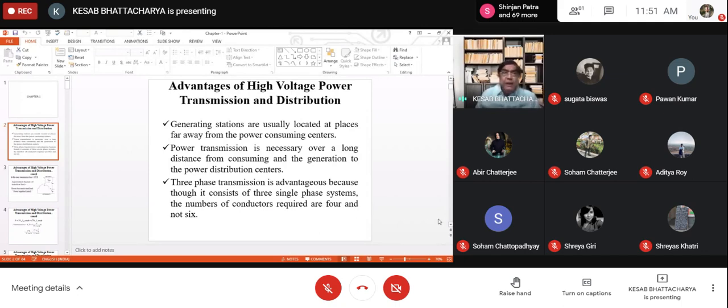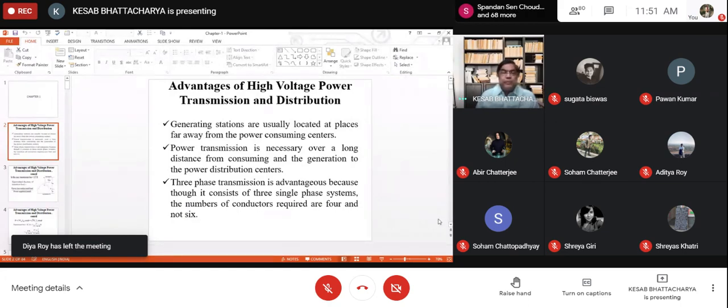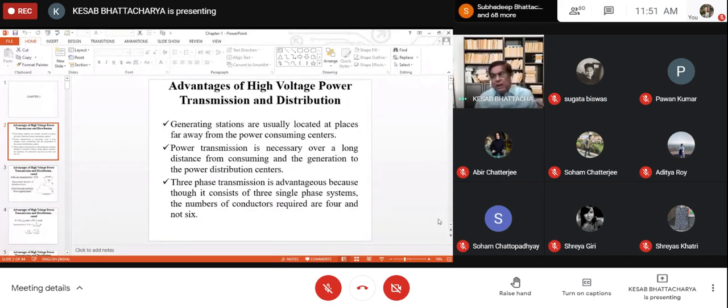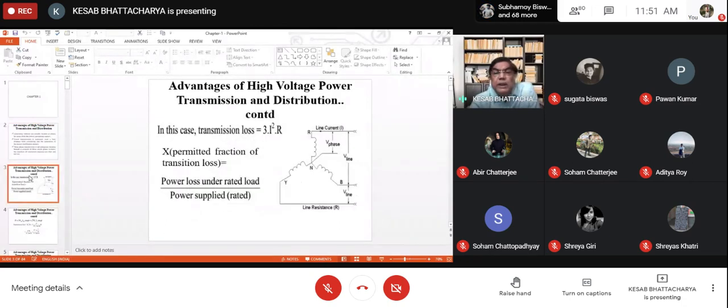But had it been 3 single-phase systems in place of a three-phase 4-wire system, then the number of conductor requirements would have been 6 in place of 4. That is why the three-phase 4-wire system is selected. Now we shall continue our discussions in connection with a very simple three-phase 4-wire system, and that is shown in the next slide.